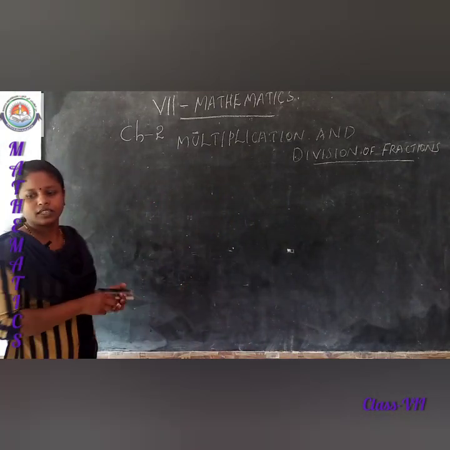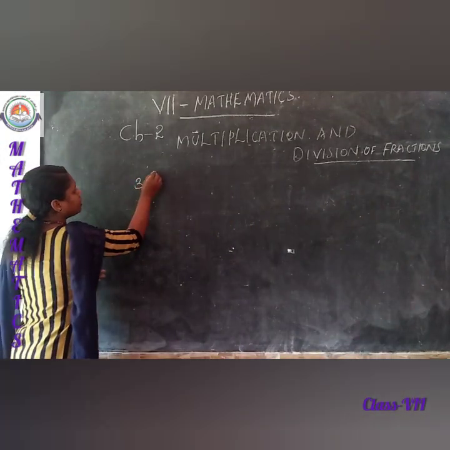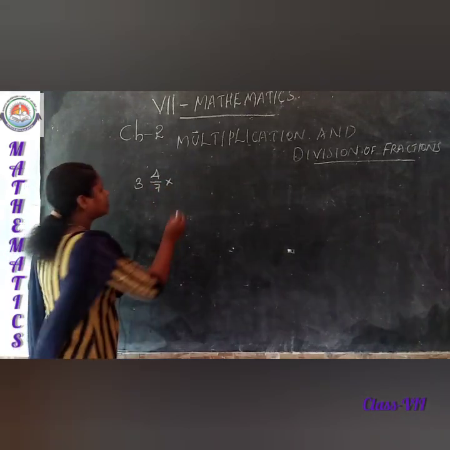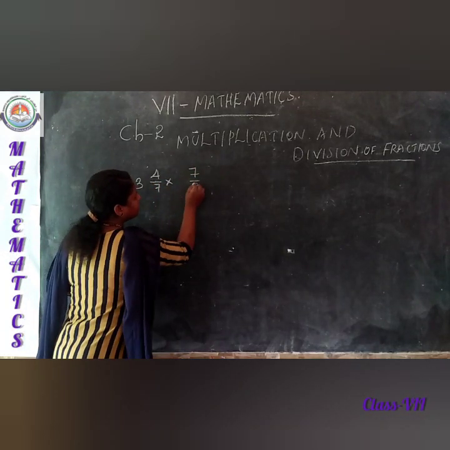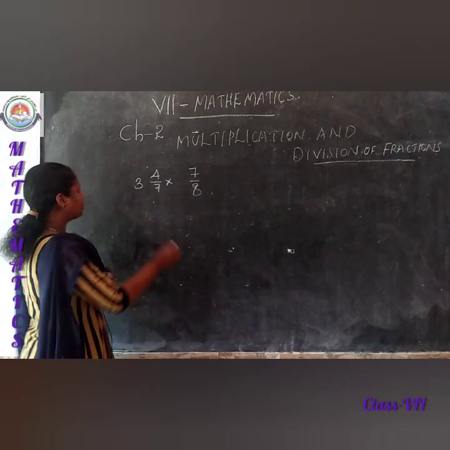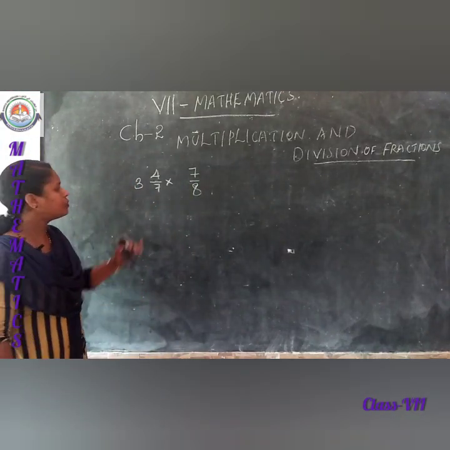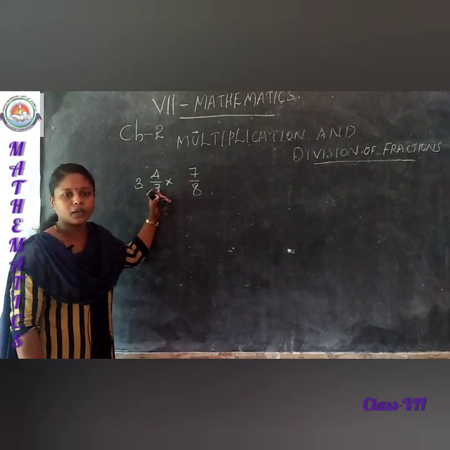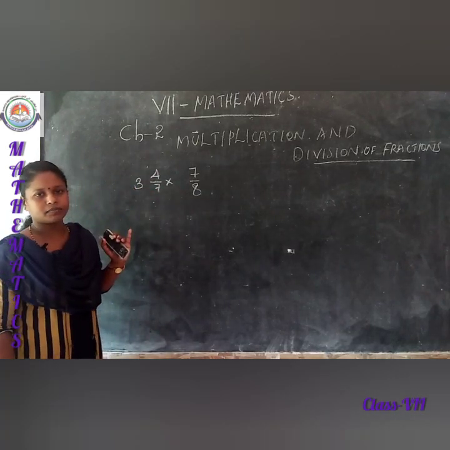Our second question is 3 4/7 into 7/8. Here also we need to convert this mixed number into an improper fraction.